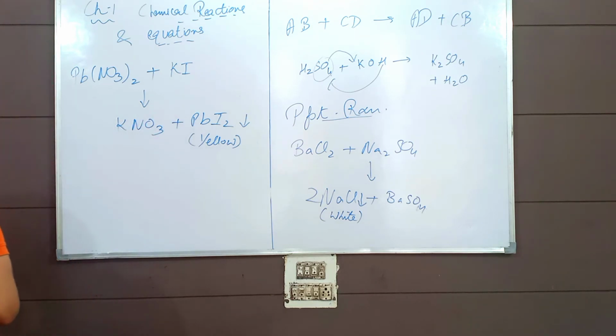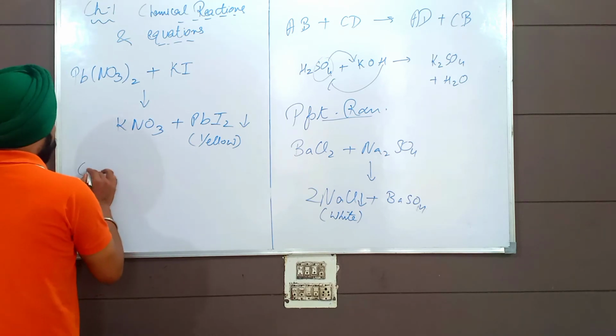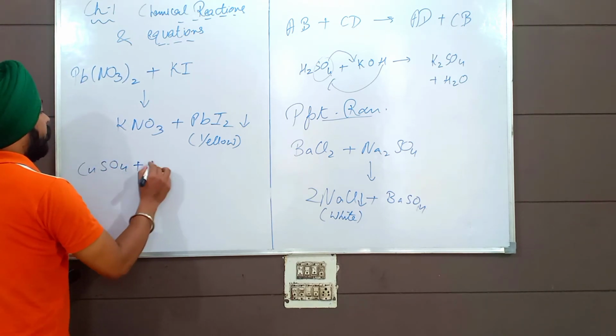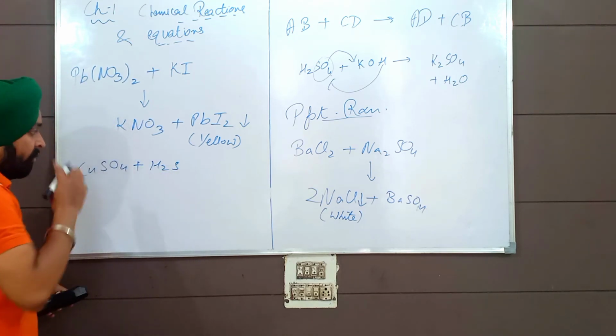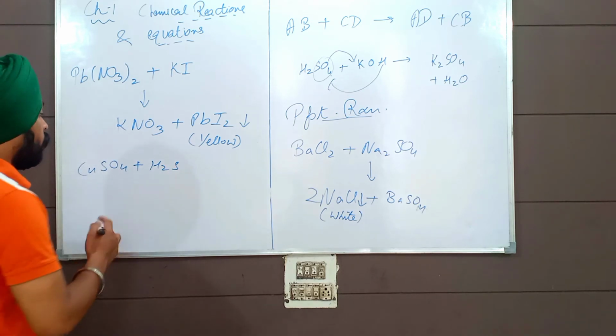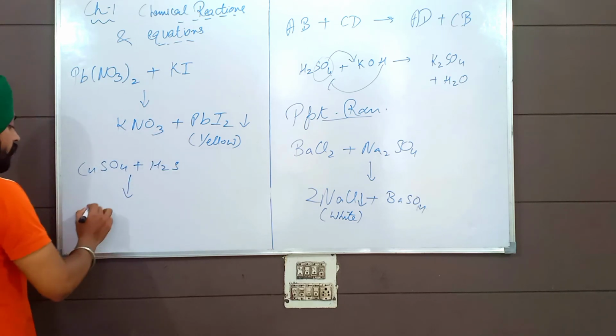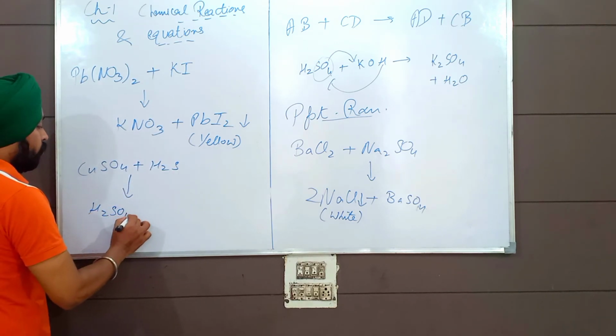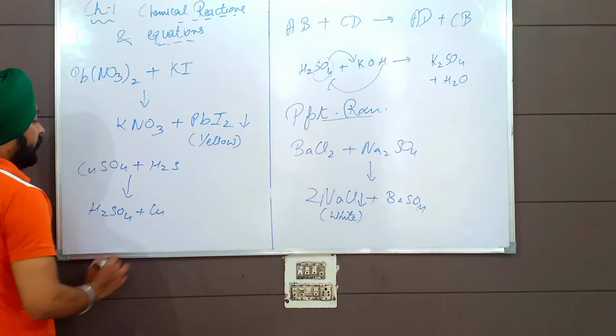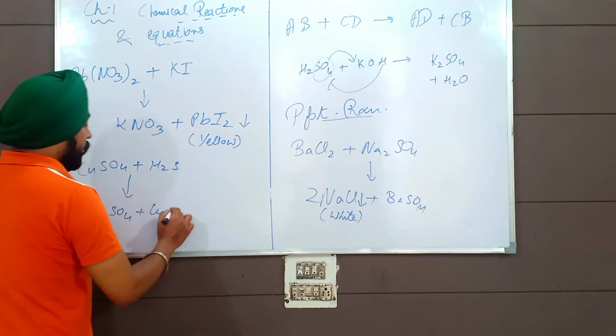Now the next one is if I react copper sulfate with hydrogen sulfide, double displacement, I'll get H2SO4 plus CuS, copper sulfide, Cu 2 positive, S 2 negative.